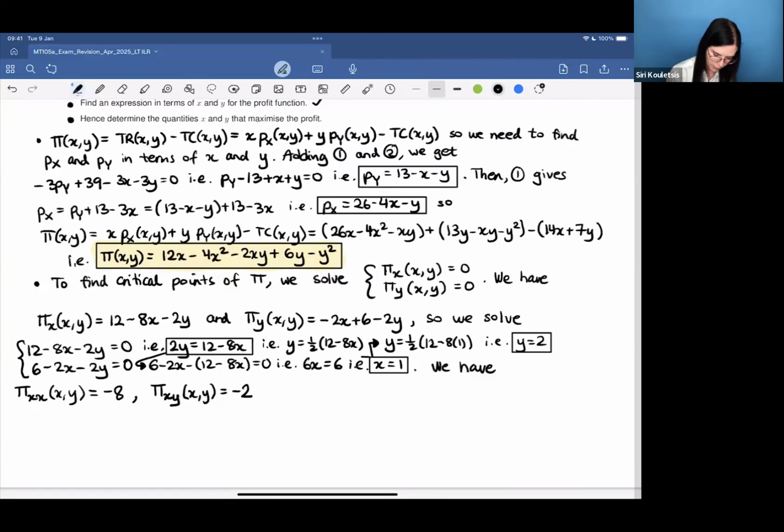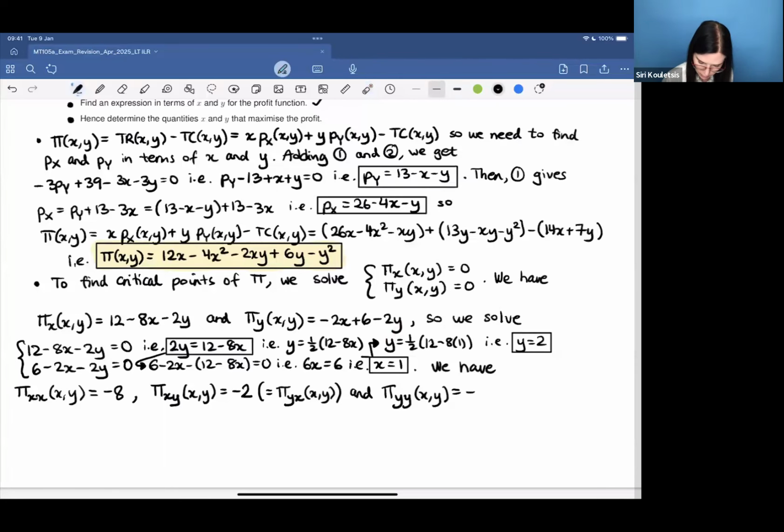And just to mention that this agrees with the partial derivative with respect to y, now again partially differentiated with respect to x. And finally, we take the partial derivative of pi with respect to y, and we partially differentiate again with respect to y. And you see that there's only one term there involving y, so we get -2.